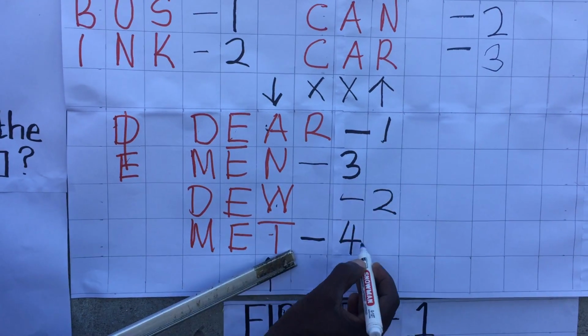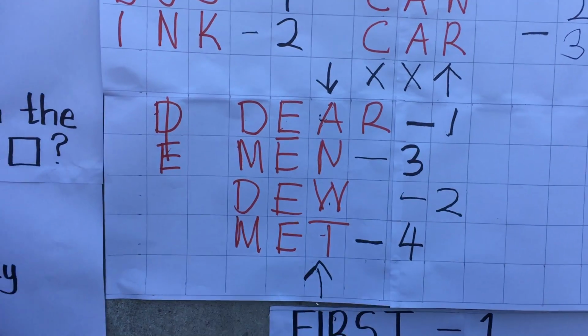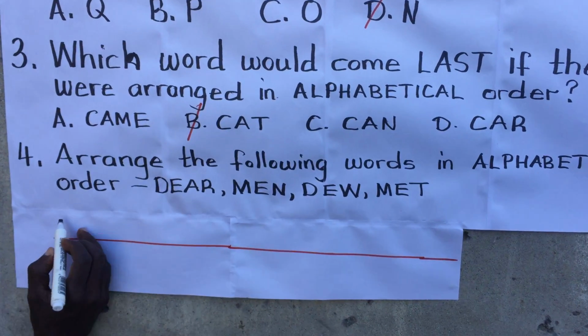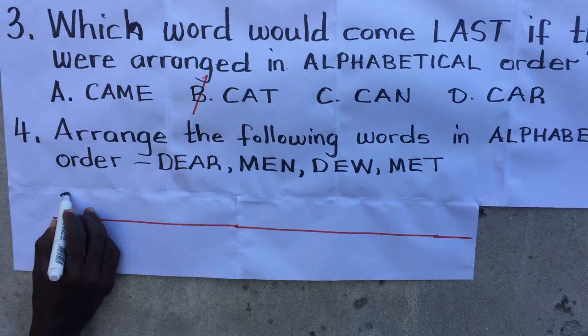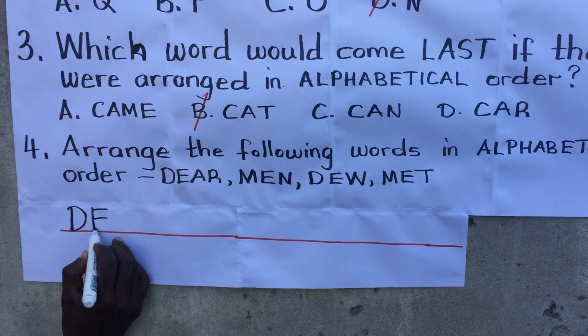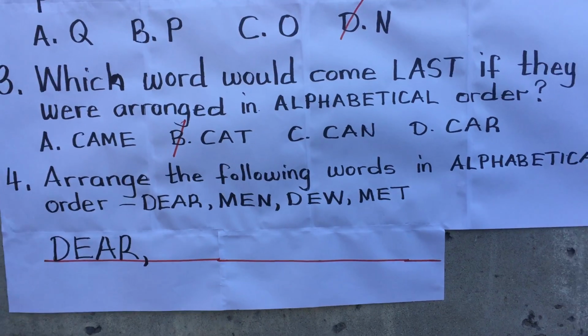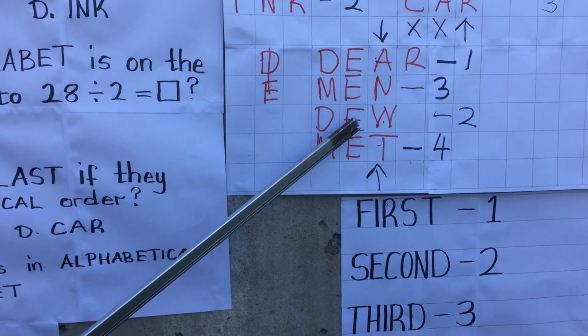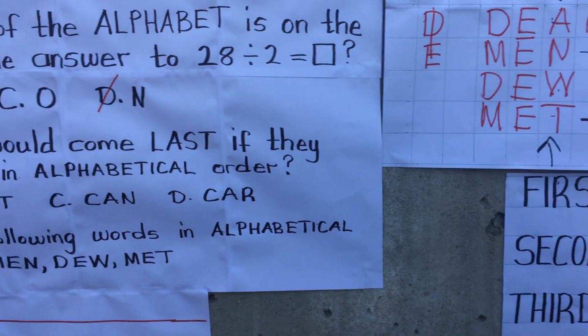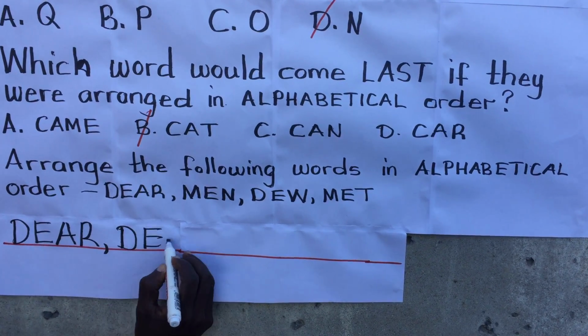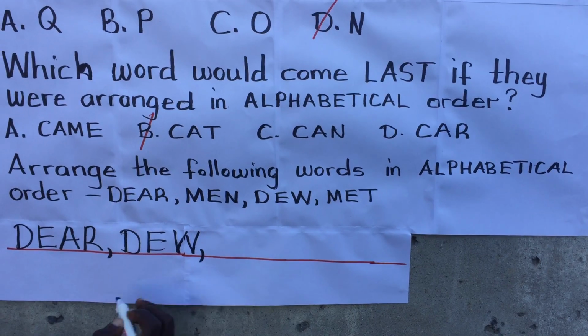So now how do we arrange? Number 1, it's dear. So you come down here. Comma. We go back there. Number 2, that is due. Comma.